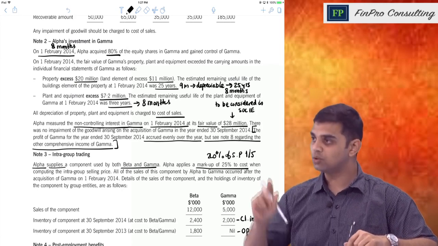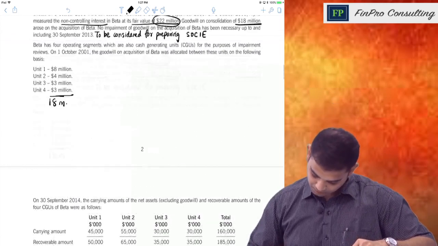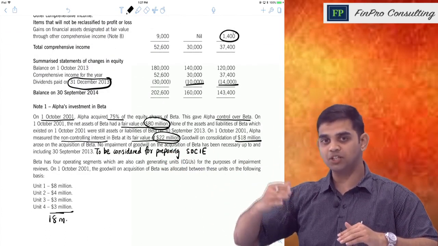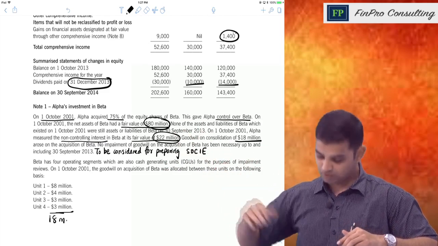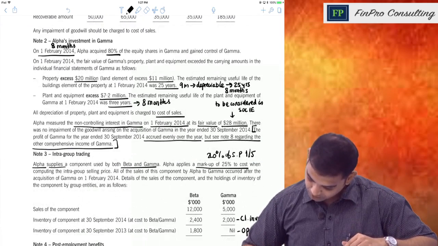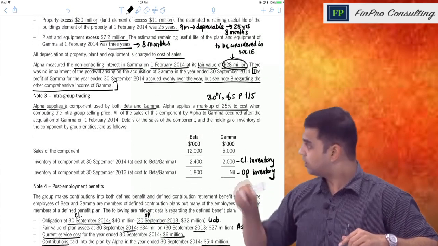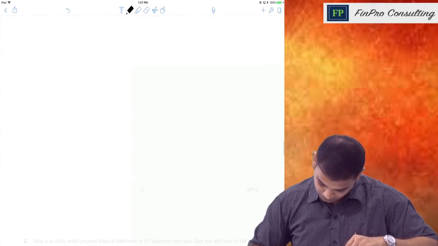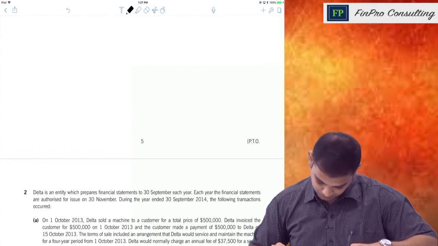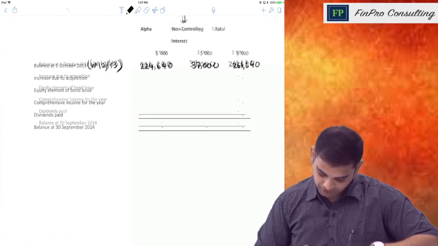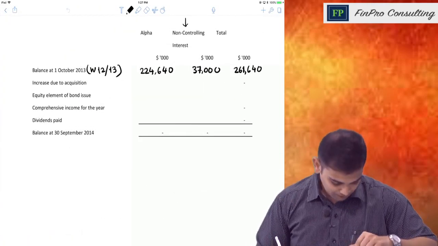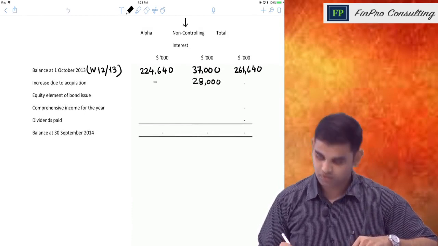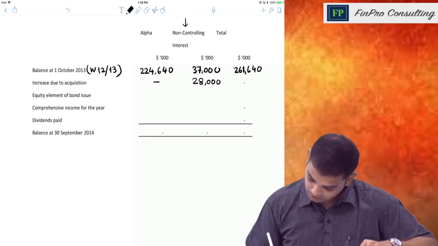This is similar to the 22 million of beta. Since 22 million was before the date of acquisition, we considered it in the calculation of the opening amount. Now this 28 million is during the year, so that is why in the statement of changes in equity, here I have written increase due to acquisition, so that will be 28,000. Nothing to alpha. 28,000.